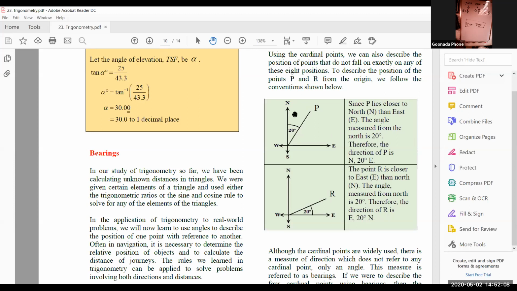It's closer to north, so the direction of P is N 20 degrees east. And let's look at R, where it is here, it's the opposite. The direction of R is E 20 degrees north, because this is the eastern side here. Okay, no problem, David.